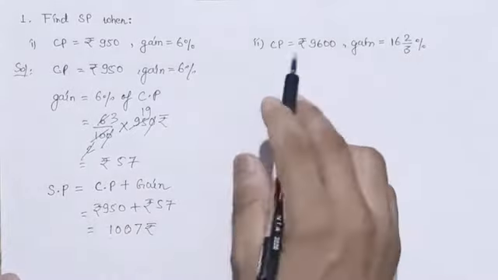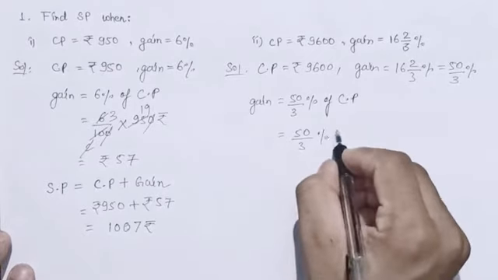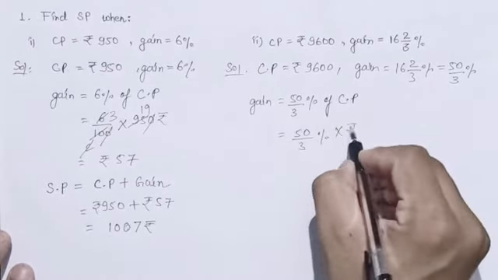That is 50 by 3%. So first calculate the gain. So gain is equals to 50 by 3% of cost price. So here we can write 50 by 3% of means multiplication and cost price is given as rupees 9600.